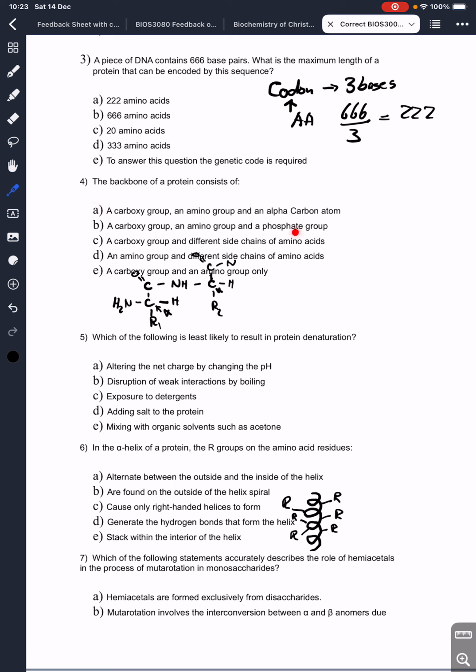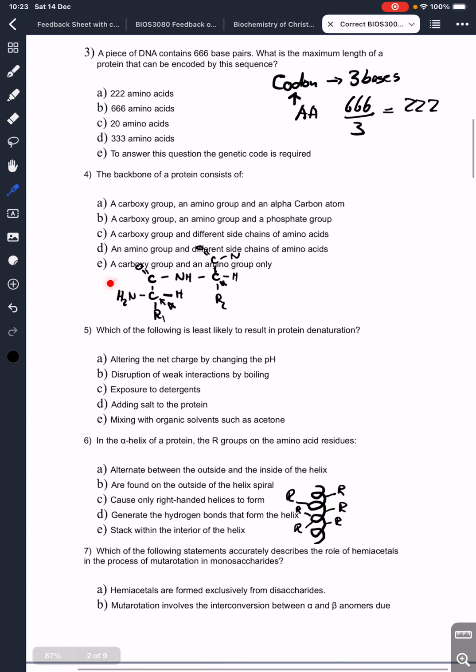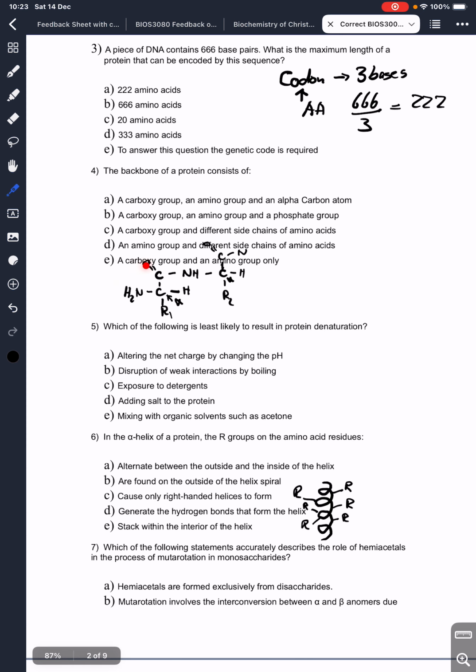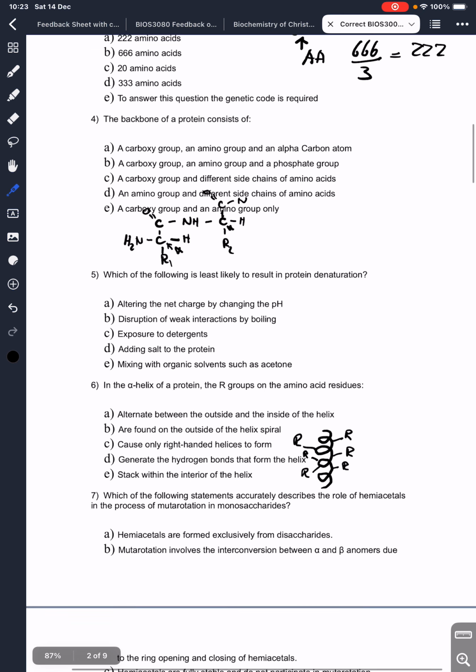Of course, there's no phosphate group, there are no side chains involved, and amino groups and different side chains simply doesn't make sense. In answer E, a carboxy group and an amino group, yes, but we also have the C-alpha. So in this case, answer A is correct.